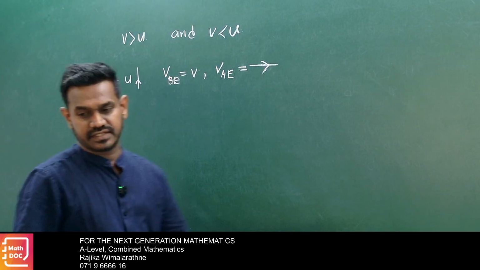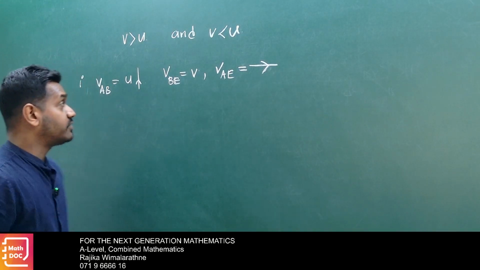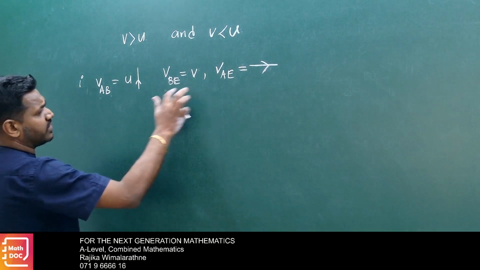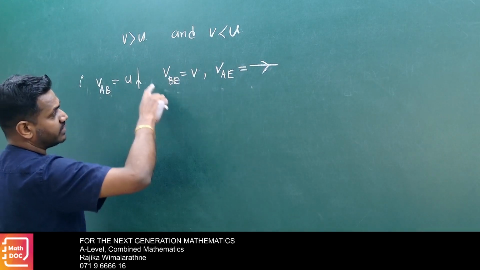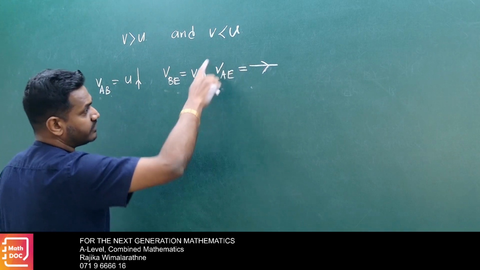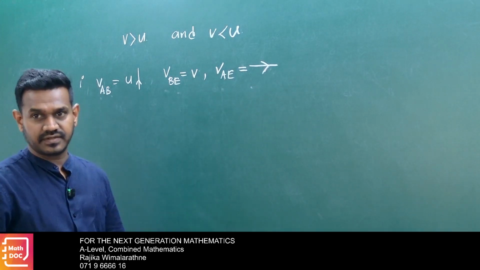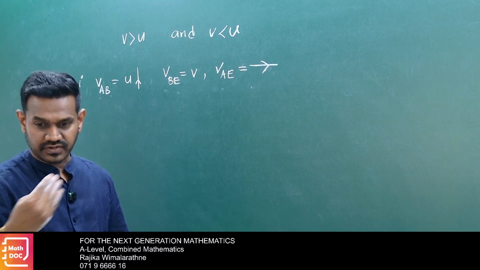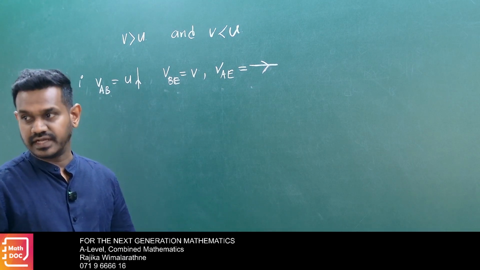Okay, now check this clearly. Now here we have three quantities. One contains both magnitude and direction, one contains only magnitude, one contains only direction. Previously it is different. In the previous case, one quantity had both magnitude and direction, and the other one also had magnitude and direction.